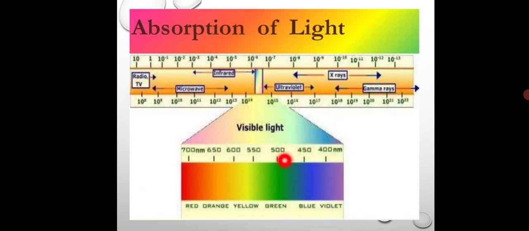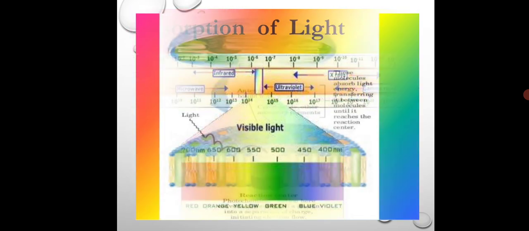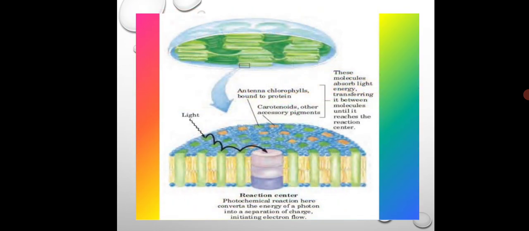This is the diagram of different wavelengths and the colors of light, which we have already discussed: blue color absorbs in the range of 400 to 480. And this is the diagram for the location of the antenna pigment, which is located in the thylakoid membrane as light comes.